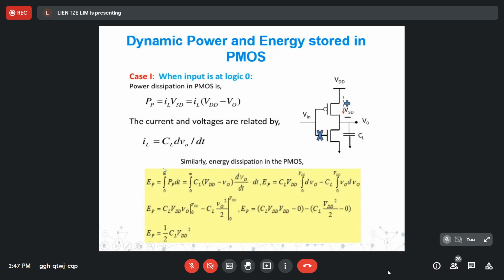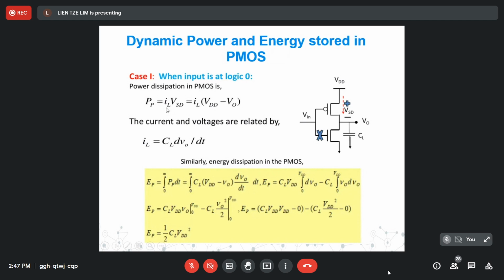Case 1: when the input is at logic 0, the power dissipation in the PMOS is P equals I multiplied by voltage. This is the current and the voltage.